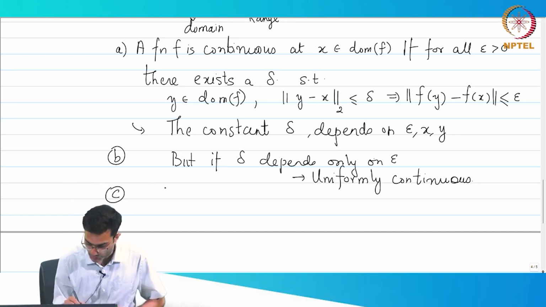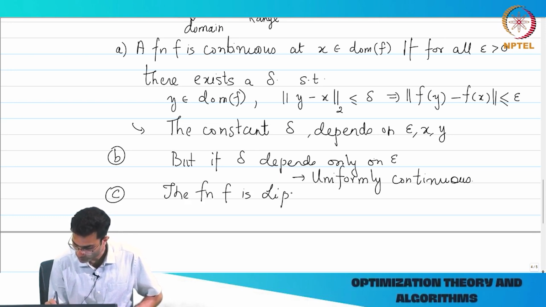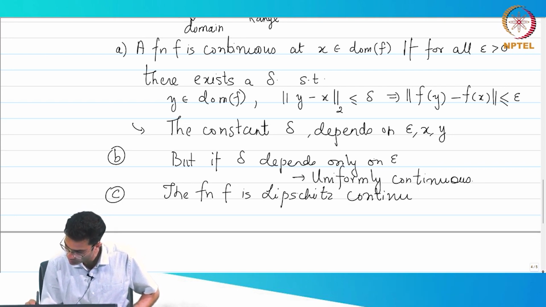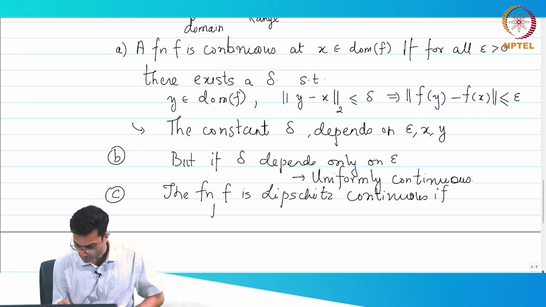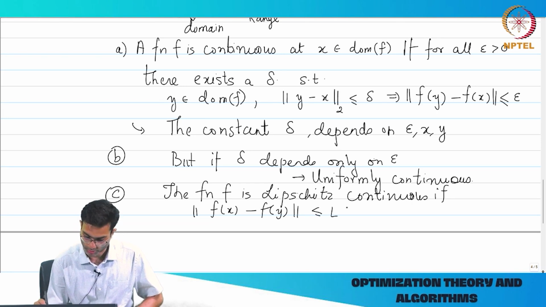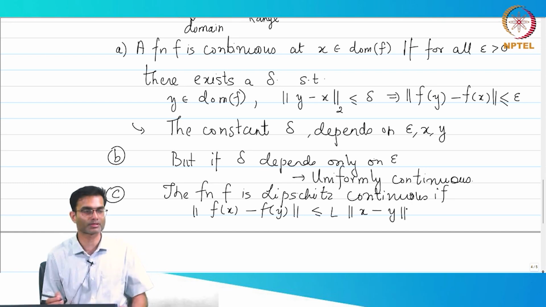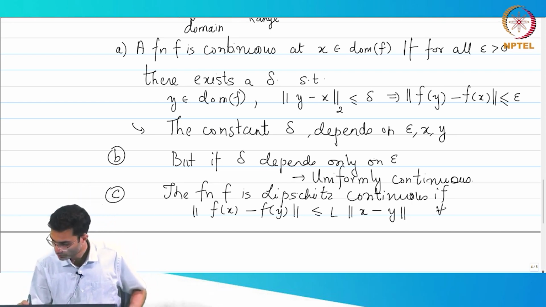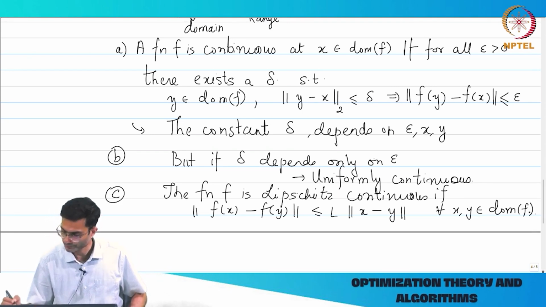So the function f, I'm going to take this distance f(x) minus f(y), is bounded by some constant L times the distance between x and y, for all x and y belonging to the domain of f.